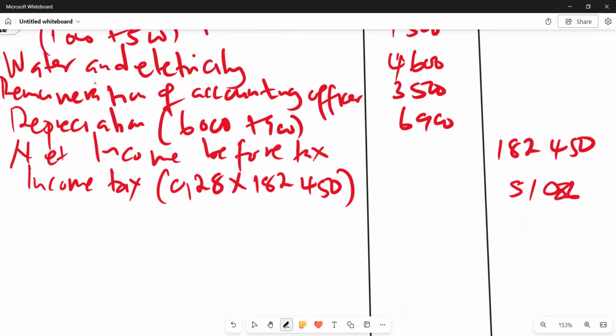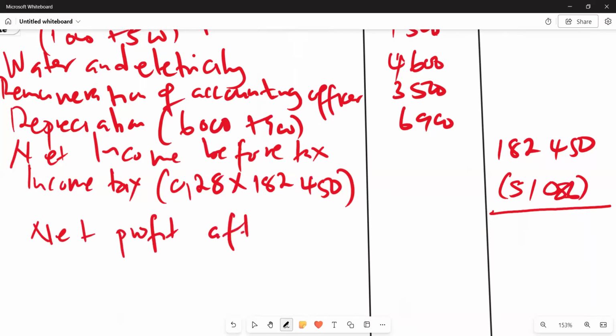And then obviously, you're going to subtract it. If you subtract it, then you get your net profit after tax, or the profit for the period. 182,450 minus 51,086.